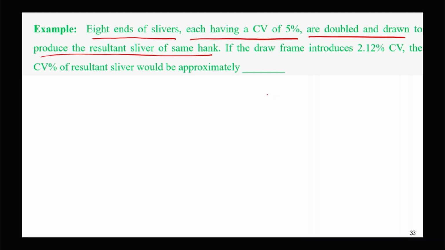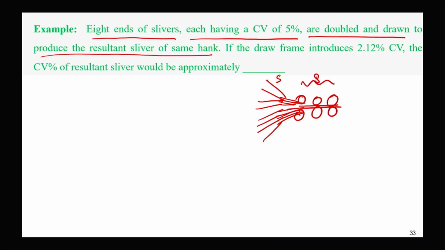That means at the back we are feeding 1, 2, 3, 4, 5, 6, 7, 8 such slivers, and the sliver linear density is, say, S. We are getting the same linear density, that means 8 slivers are fed and we are giving approximately 8 draft, assuming there is no fiber loss.